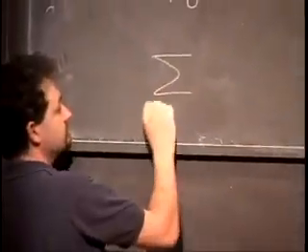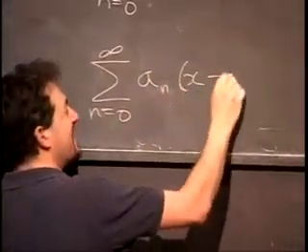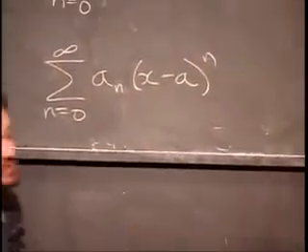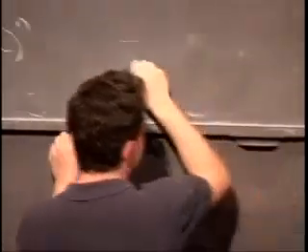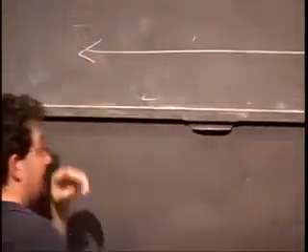Okay, so in general, what can we say about a power series, the sum of a_n (x minus a) to the n, and where it converges? Well, let's try to draw a little number line here. I want to put a check mark above every number if it converges at that number x, and a cross if it diverges.